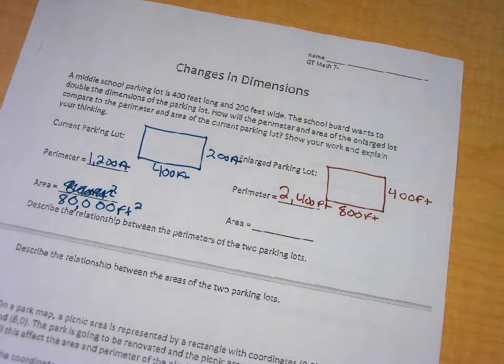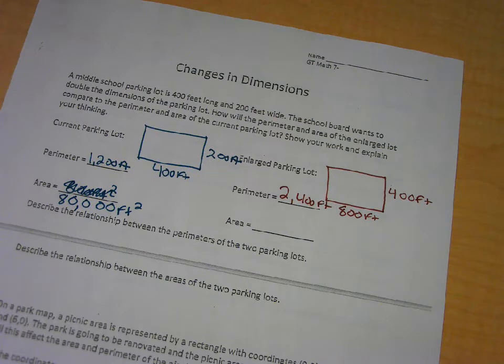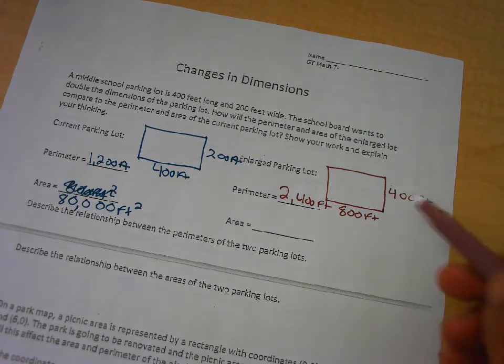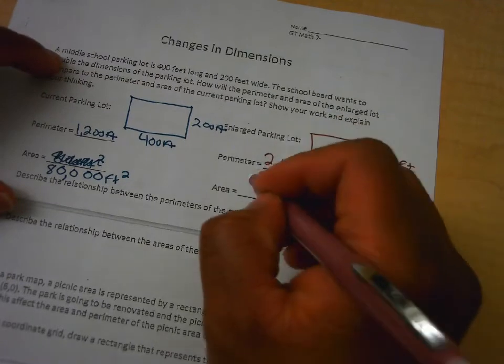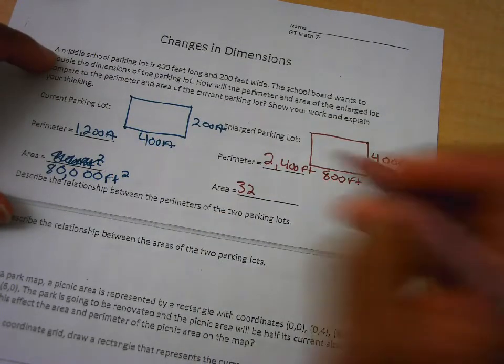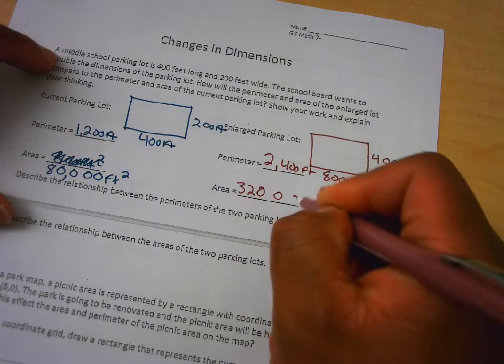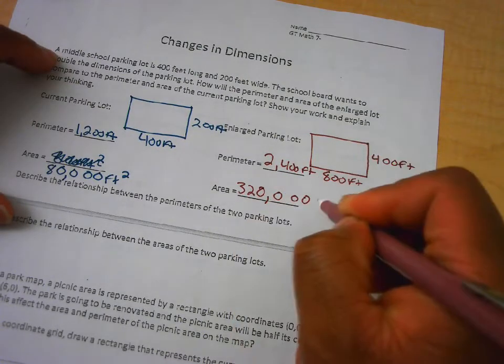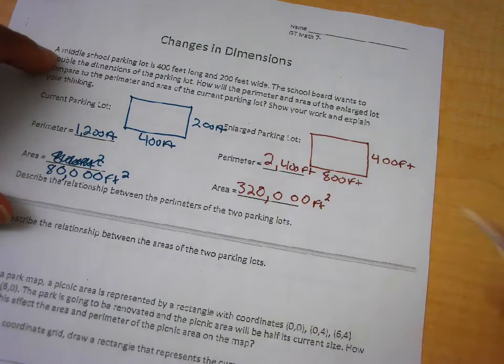For the new area, what would that be? 8 times 4 is 32. And then how many zeros? 1, 2, 3, 4. So 320,000 feet squared.